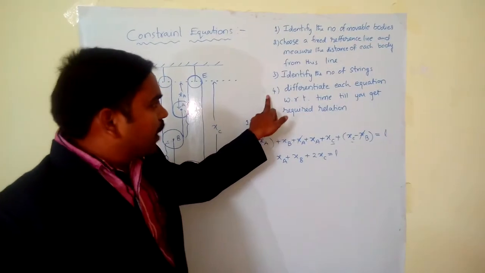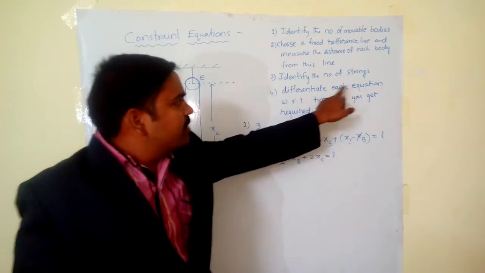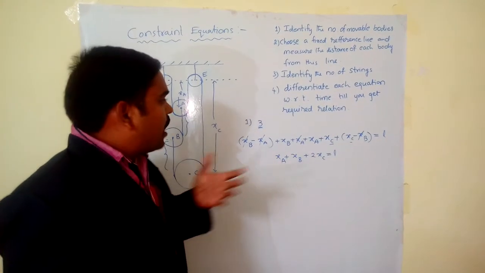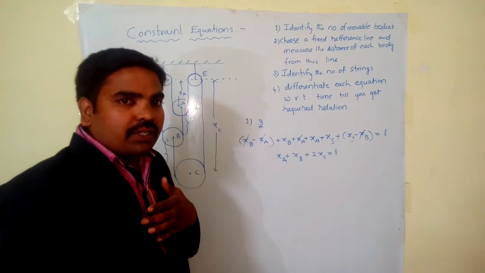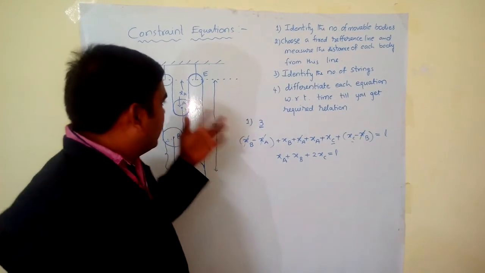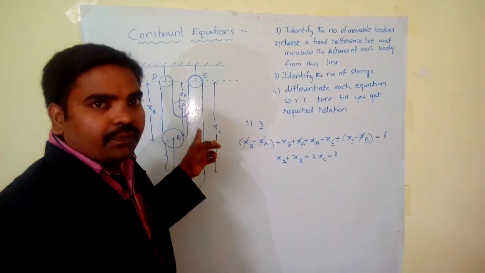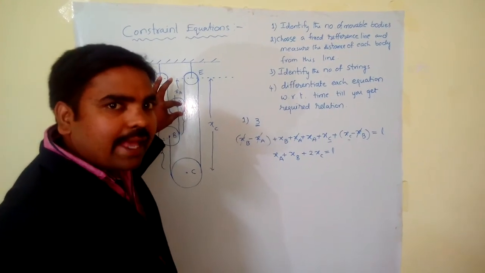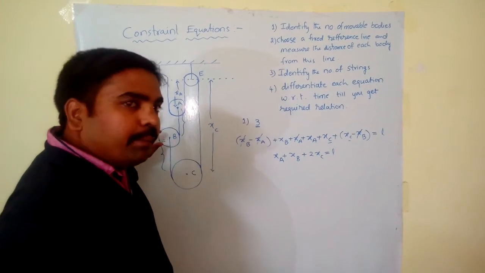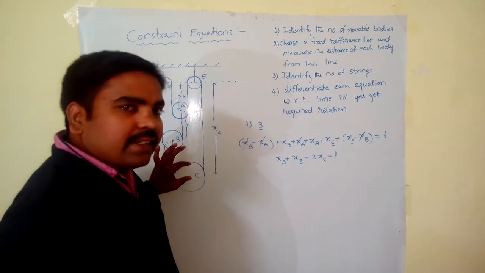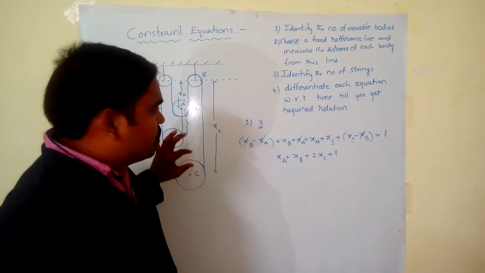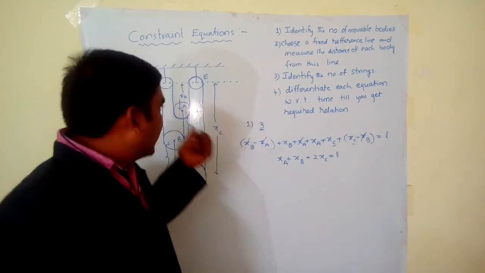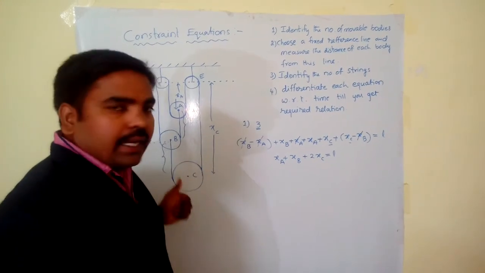Now fourth point, differentiate each equation with respect to time. Just suppose I want to calculate the acceleration relation in this pulley system. So how pulley A is accelerating, how pulley B is accelerating, how pulley C is accelerating, I want to know. So what should I do? I should get a relation among the accelerations of XA, XB, XC.